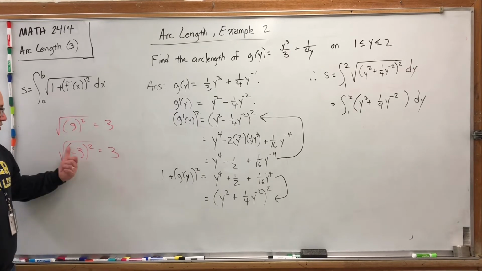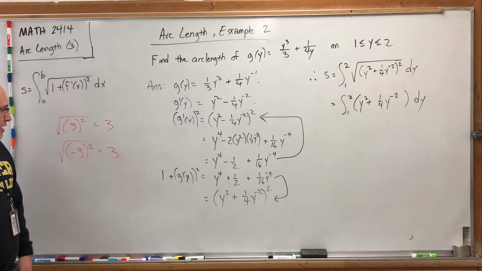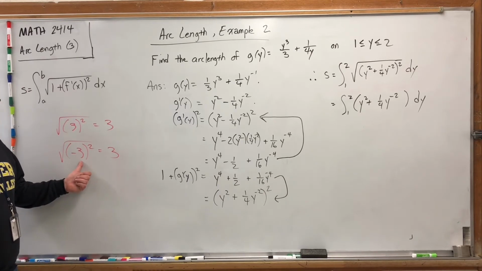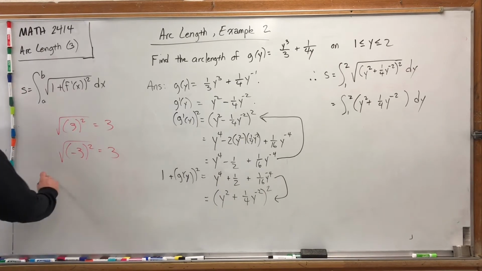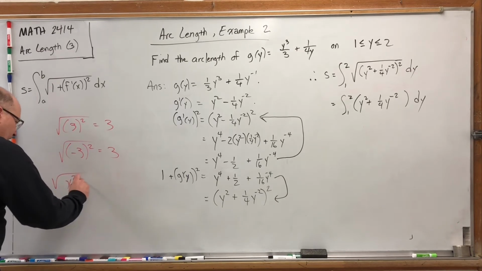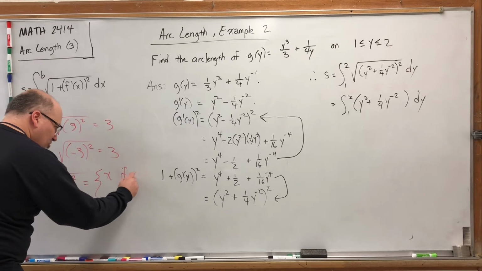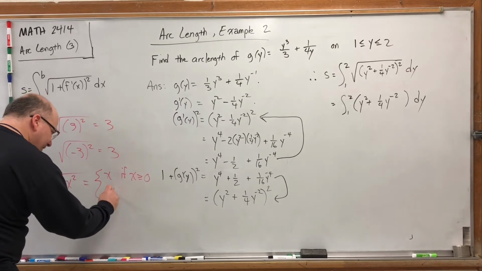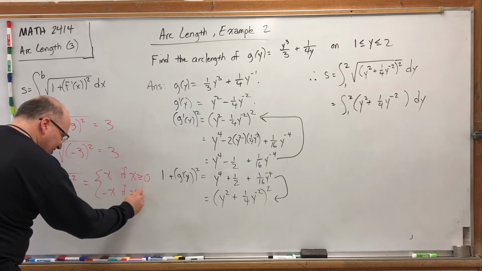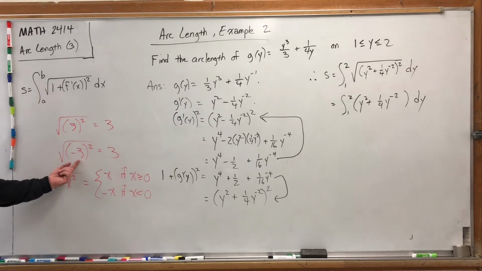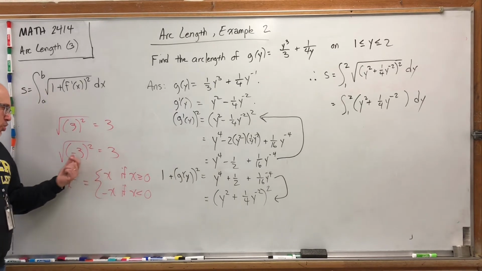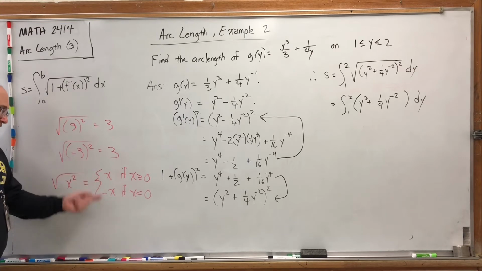And if you'll notice here, the square and the square root didn't cancel because the thing getting squared wasn't positive. I guess what I'm saying is this: when you square root x squared, it's not always just x. It's x if x is greater than or equal to 0, but it's negative x if x is less than 0. If the thing that got squared was negative, then the square root of its square is the opposite of that.